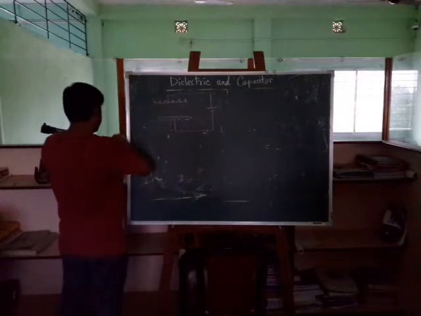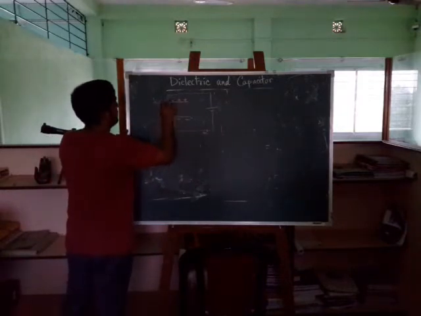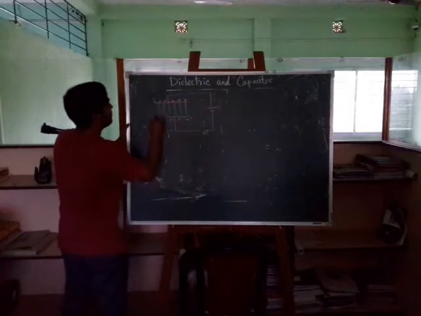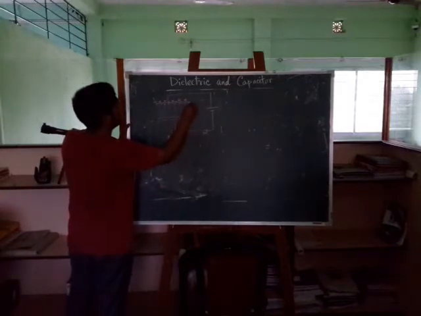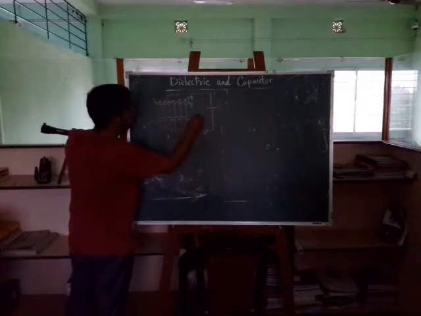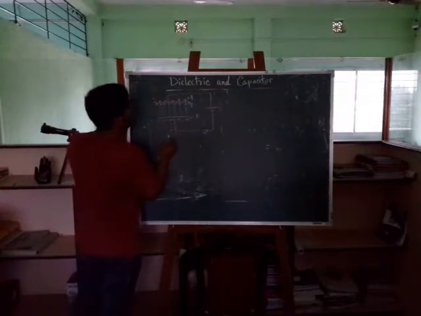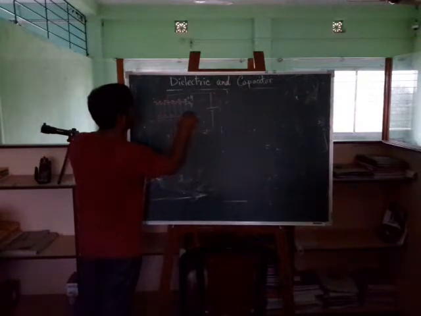Now if we have a dielectric here, then there will be negative charge, called QP. This is our plus Q actually, and this is negative QP. This is our minus Q, and originally this is negative charge, but there will be induced positive charge, so that will be QP.